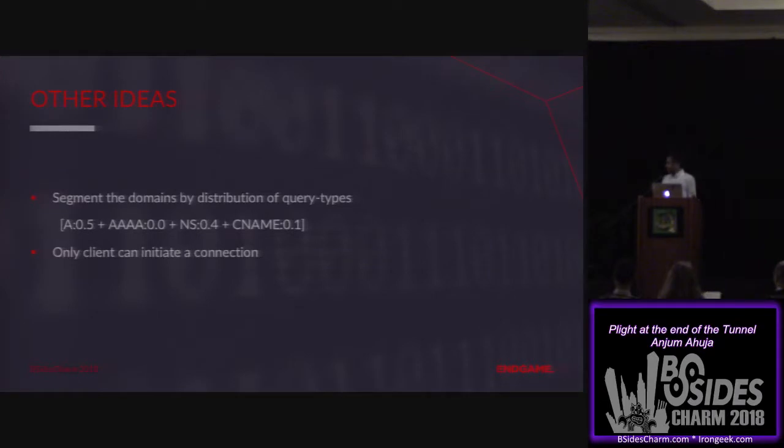Secondly, if you think about DNS tunnels, only a DNS client can initiate a query. So if a server has something to send to a client, there is no way; it just has to wait for the query to come in before it can respond. So normally DNS applications use one or both of these tricks. Either have the client poll frequently, or hold on to the last query for as long as they can, so that they can piggyback any incoming data from the OS back into the response.